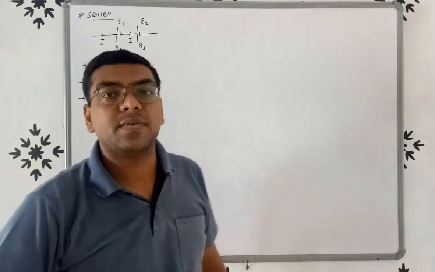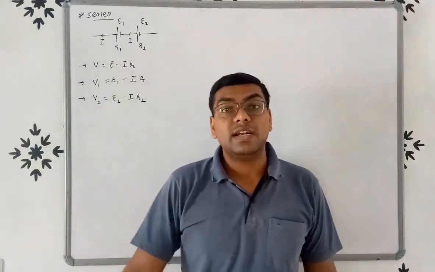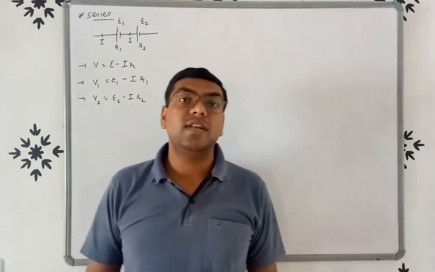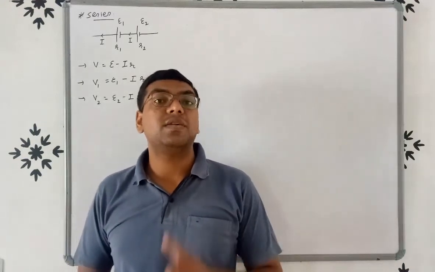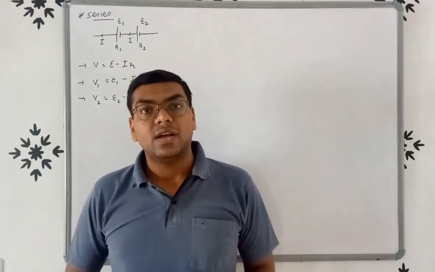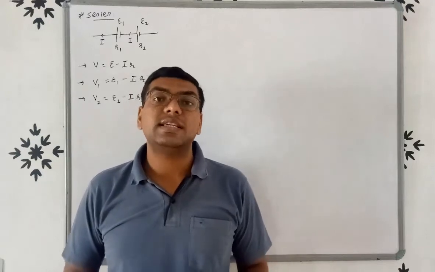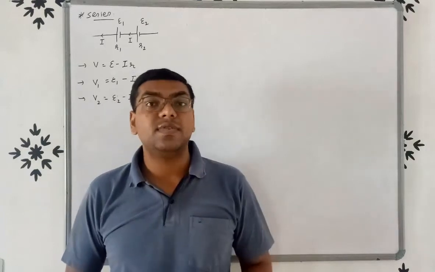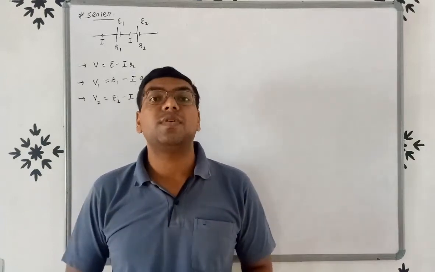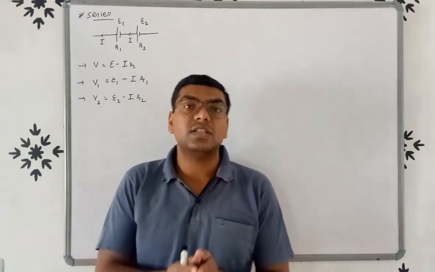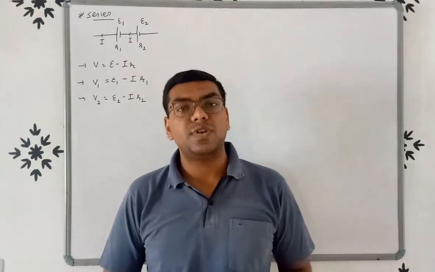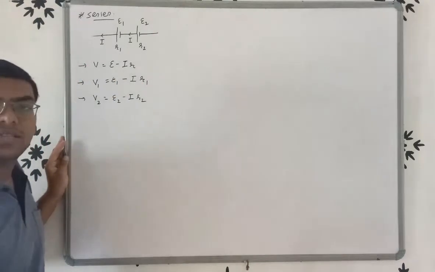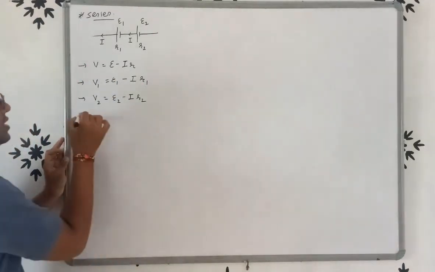Now friends, remember, we already discussed that in series connection the equation will be like this: V is equal to V1 plus V2. Right? We already discussed the series and parallel combination of resistors. And in series connection we use the equation V equals V1 plus V2 because the potential is distributed. So here again there is a series combination, so potential is distributed.